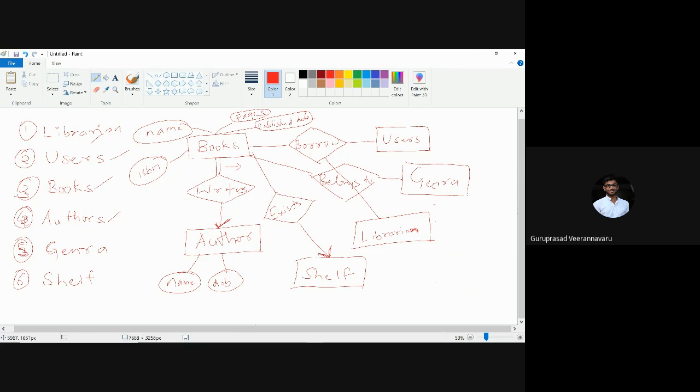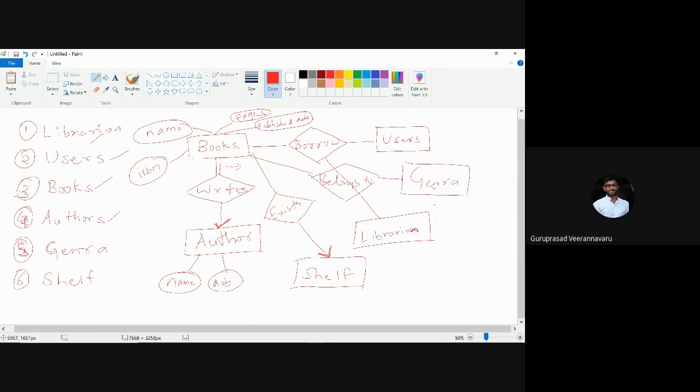I'm also not a pro in this. They used to discuss this in college time. How will we map this now? So you have books and you have genre. Many books can belong to one genre, but one book will always belong to only one genre. Sir, genre can be a property of book.